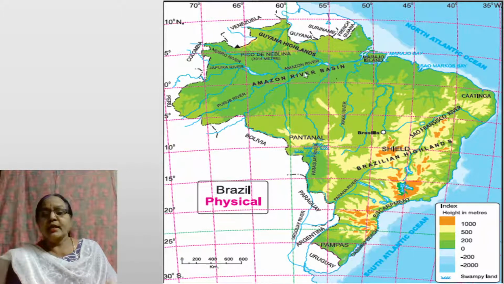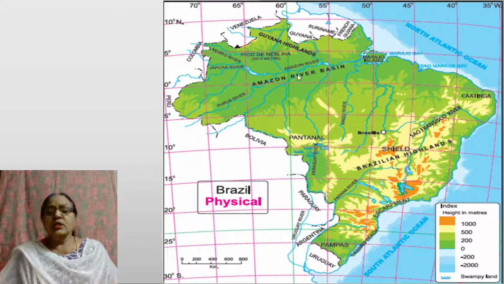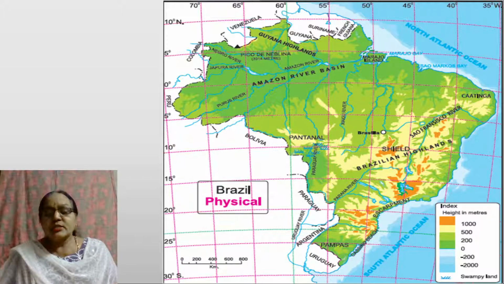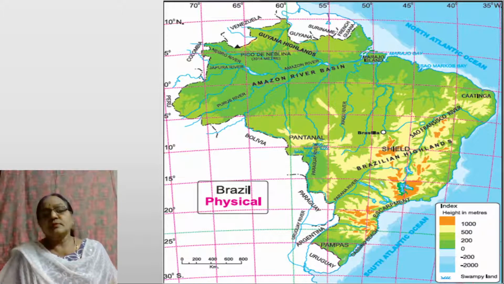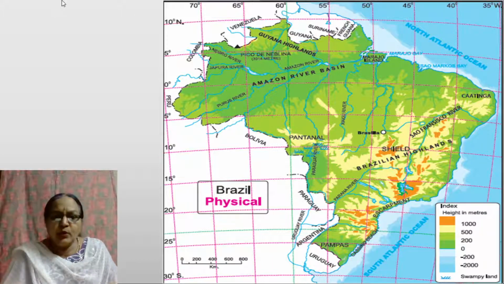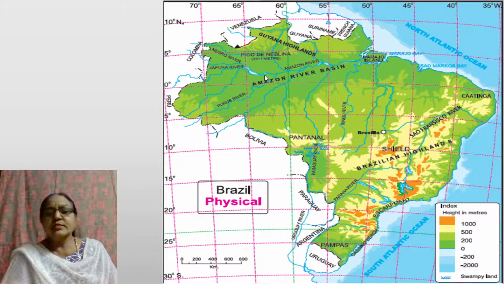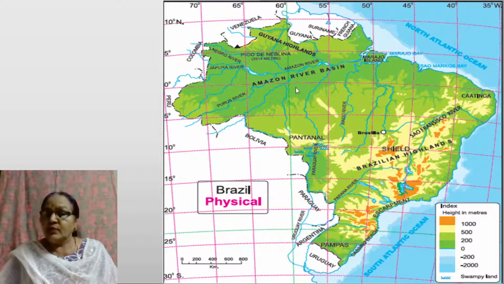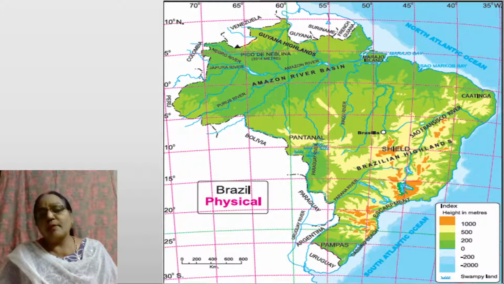The most important river basin here is the Amazon River, the longest river in Brazil. Now, you can see many tributaries of the river Amazon here. You have Purus, Japura, Negro rivers, etc. Another important and interesting feature about the Amazon River Basin is that unlike the Ganga River, this river does not form a delta.